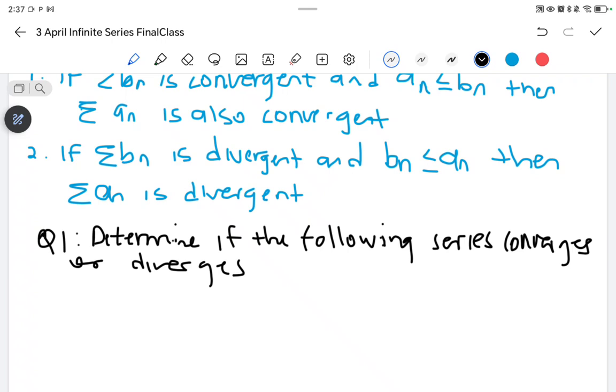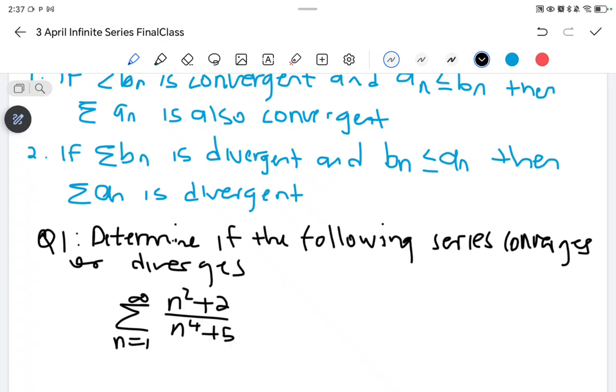The series is the summation of n equals 1 up to infinity of n squared plus 2 over n to the 4 plus 5.